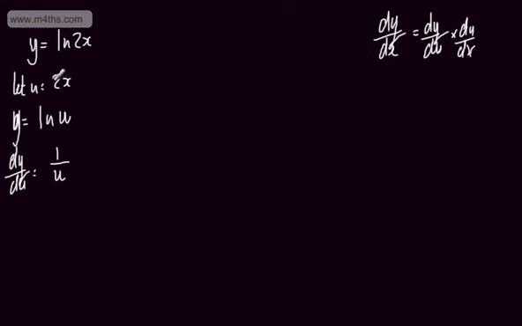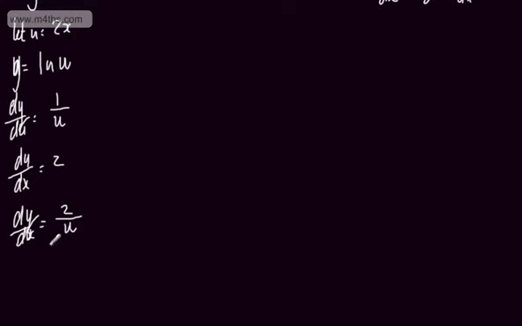Therefore, we look at the derivative of u with respect to x, so du by dx will simply be 2. We can write this now as dy by dx is the multiple of those two. It's dy by du multiplied by du by dx. So we have 2 over u, but of course u is now 2x, and we can write that dy by dx will be equal now to 2 over 2x, which gives us now 1 over x.